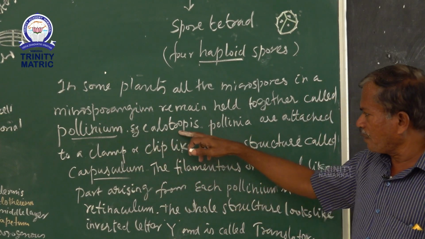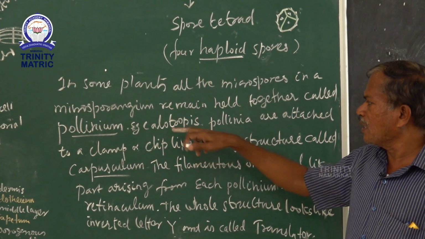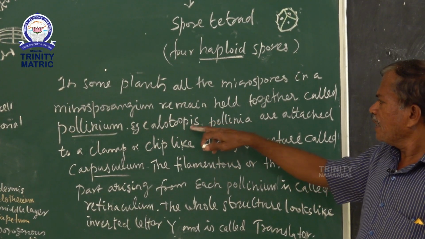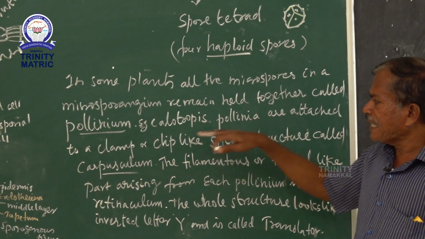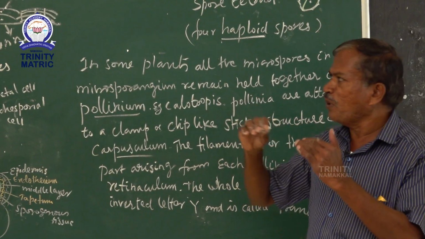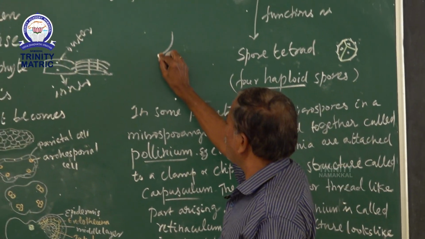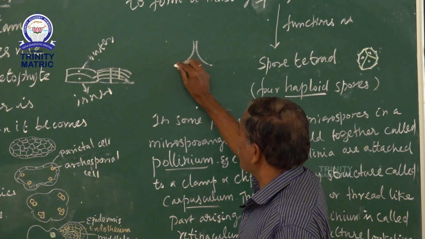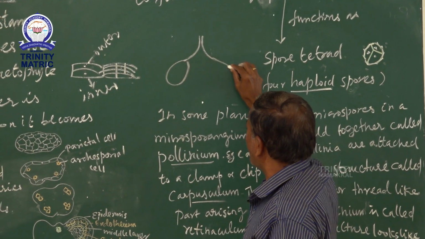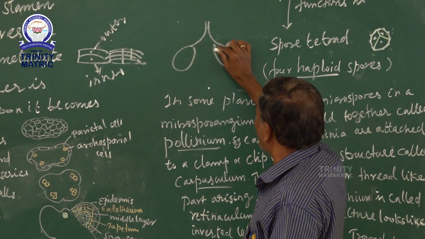Example: Calotropis, called Erukkam in Tamil. The pollinia are attached to a clamp-like structure. It looks like our lungs.